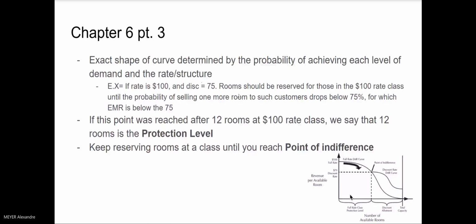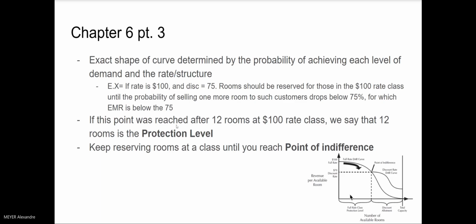In other words, if your probability to sell a room is at 75%, well, you multiply the probability 75% times the rate, you will get an expected revenue of 75. However, if your probability to sell is at 74, well, your expected marginal revenue will be $74.